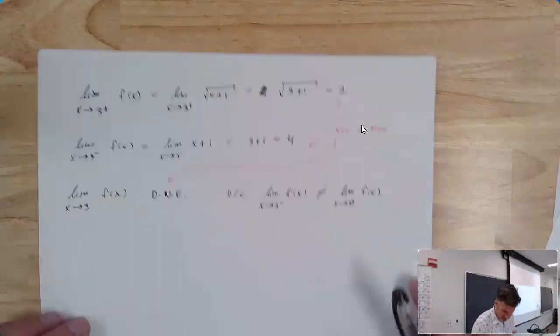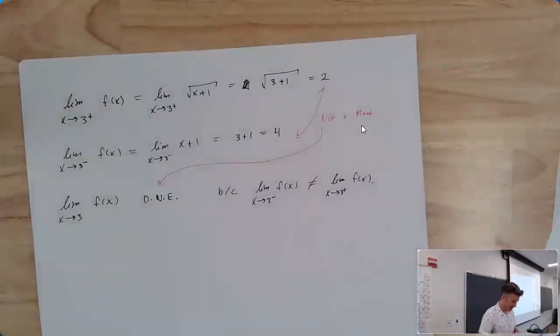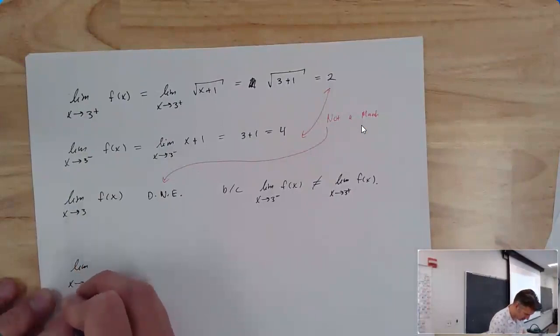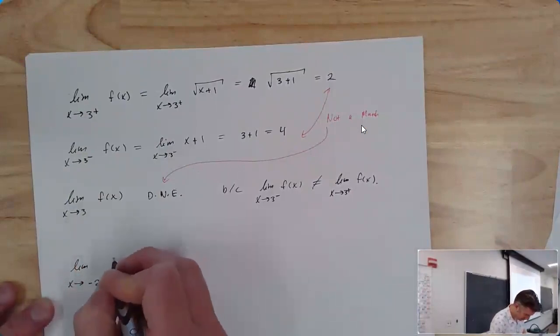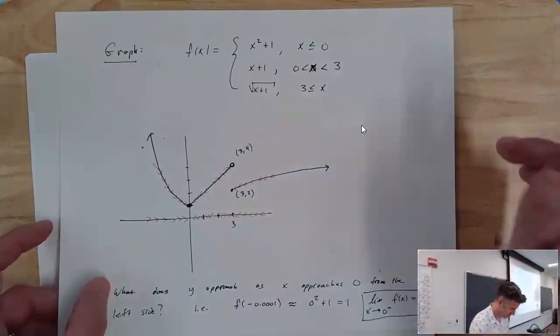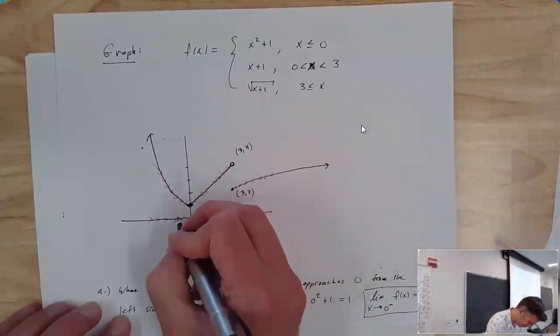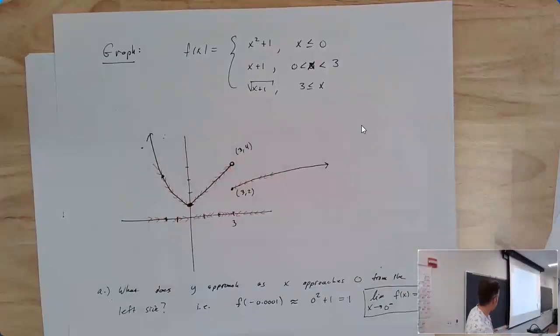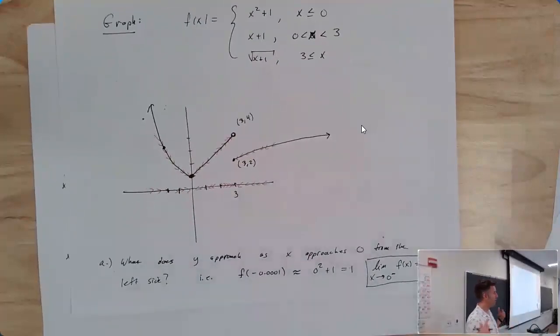Oh, actually, one last example from this one. What if I asked about the limit as x approaches -2 of this function? Look back here. -2 is probably over here. For that part, although I certainly could look at the left and right limit, I don't really need to, because the function is defined the same way immediately left and immediately right of -2.